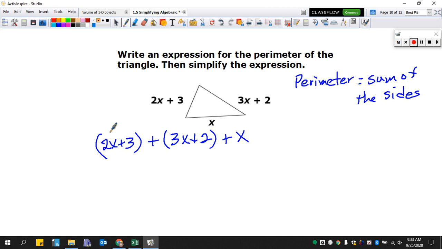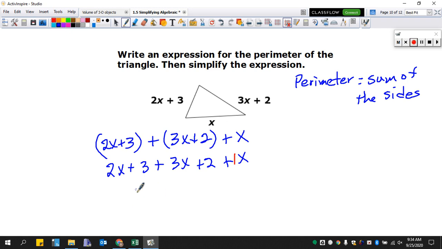All right. So now the only reason I drew the parentheses around there was to show that they're the different sides. We don't really need them. So we can say 2x plus 3 plus 3x plus 2 plus x. Remember that x here, the coefficient of that is a 1. All right?